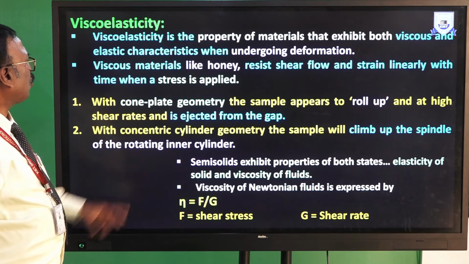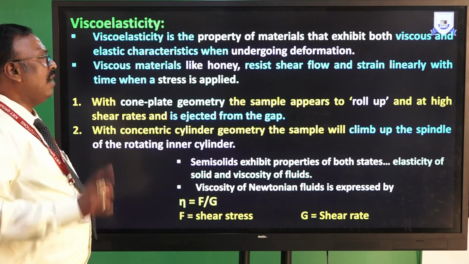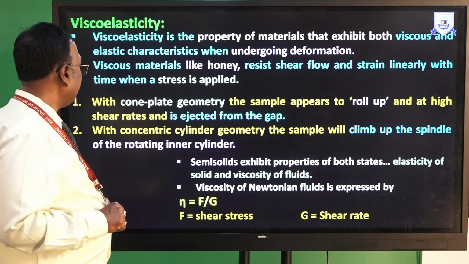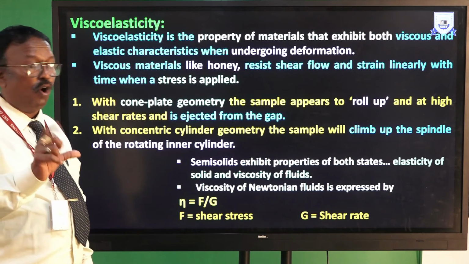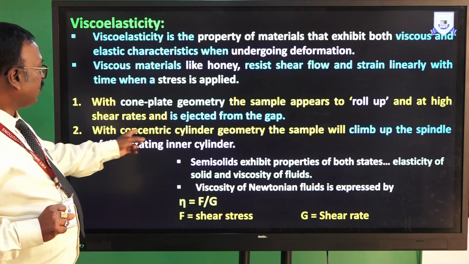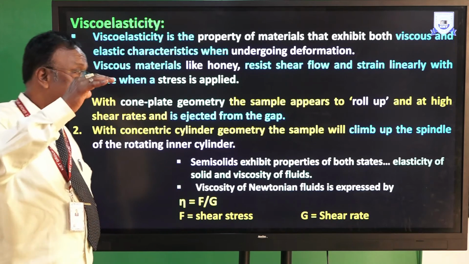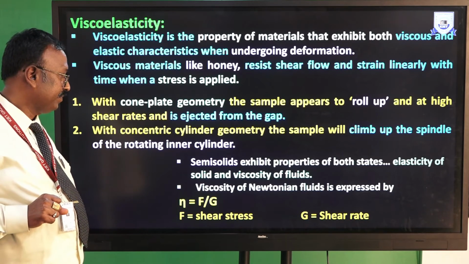For example, with cone and plate geometry, the sample appears to roll up at a high shear rate and is ejected from the small gap. With concentric cylinder geometry, the sample will climb up the spindle of the rotating inner cylinder.